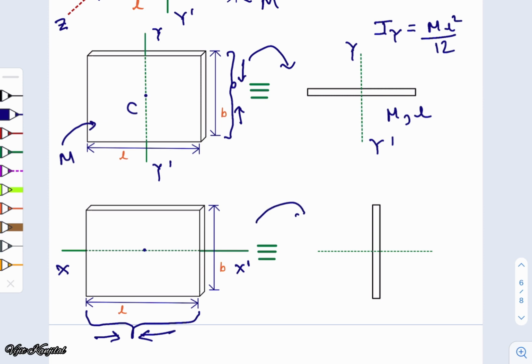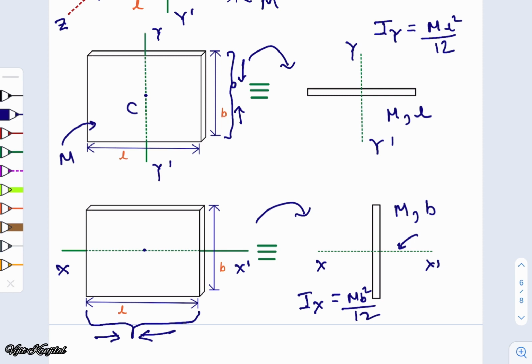We are left with a rod of mass m and length b, and we wish to calculate the moment of inertia of this rod with respect to this particular axis which is passing through its center. So what is Ix? Ix is simply m b square by 12.